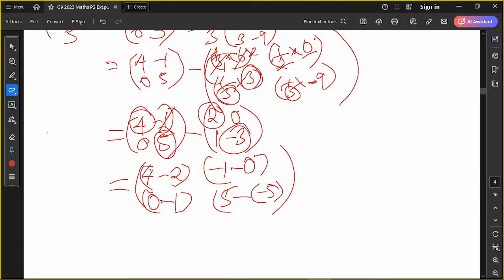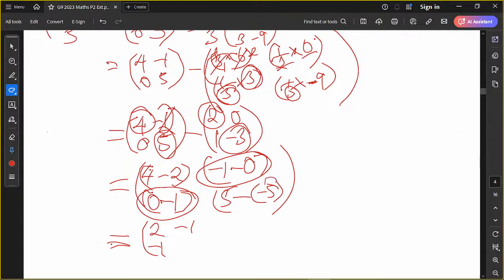We say equal to, then we come up with a final matrix. So 4 minus 2 will give us 2. Negative 1 minus 0 will remain negative 1. Then we come here, negative 1 minus 0. Then we come here, so we have the negative, and 0 minus a negative will leave us with a negative 1.